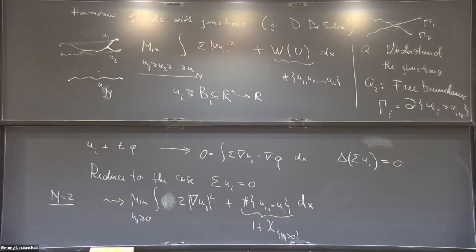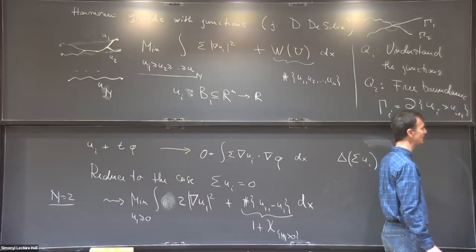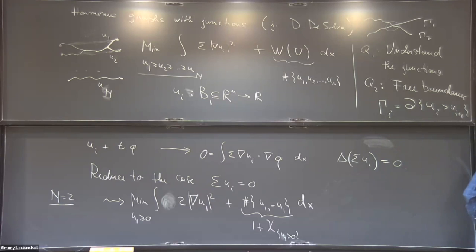And the Euler-Lagrange equation here is that the Laplacian of u has to be positive instead where u is 0, and the Laplacian of u has to be 0 where u is positive. And then the gradient of u is prescribed, equal to 1 on gamma, which is the free boundary, the boundary of the set where u is positive.